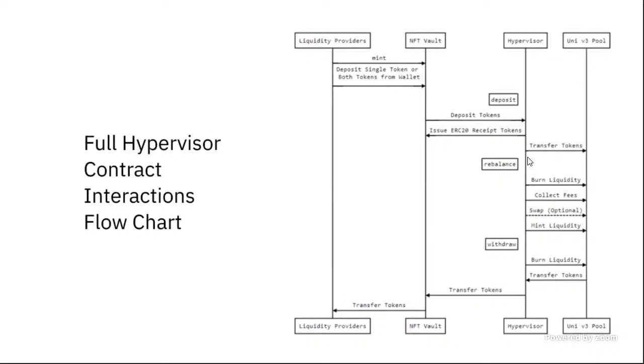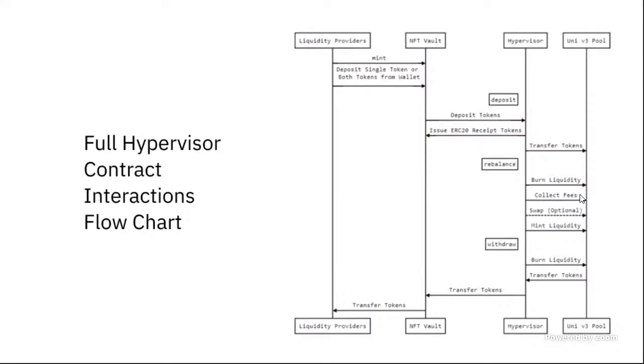So what are the steps that go into a rebalance? You can see this in detail in our hypervisor contract, which is available in Visor's GitHub and is a verified contract on Etherscan for each one of our pools. Basically, when a rebalance is called, first of all, the liquidity in the position is burned and fees are collected.